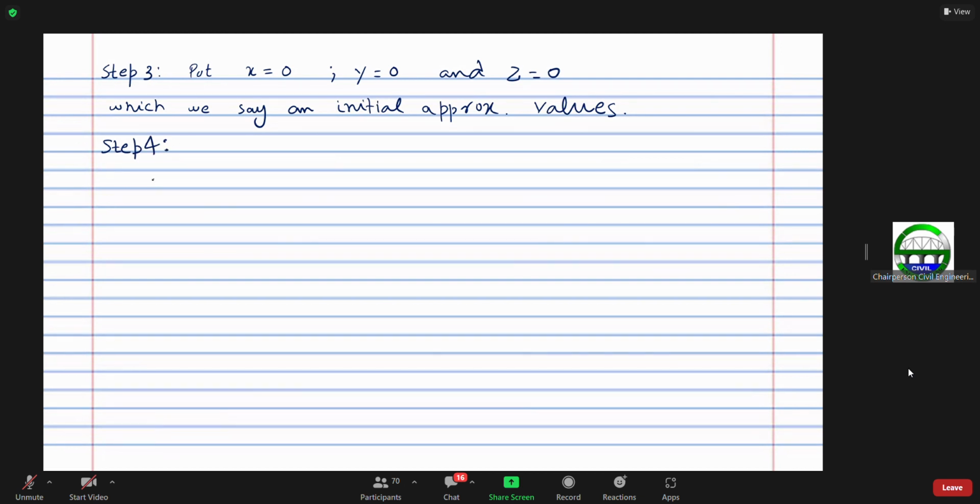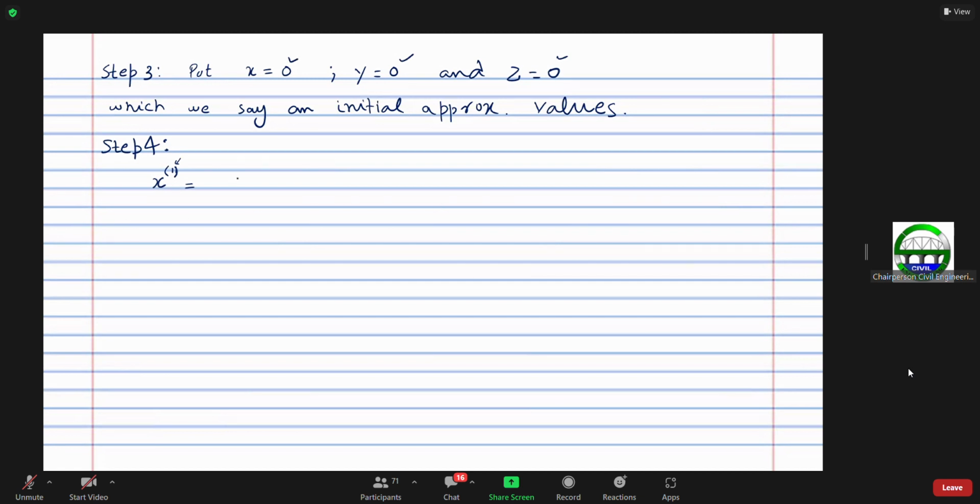So in the first iteration, step 4 will be your iteration step. I will just write in here that it is my first iteration. This one stands for the number of iteration, okay? This is not the power.